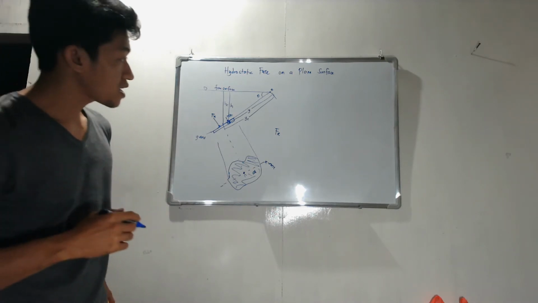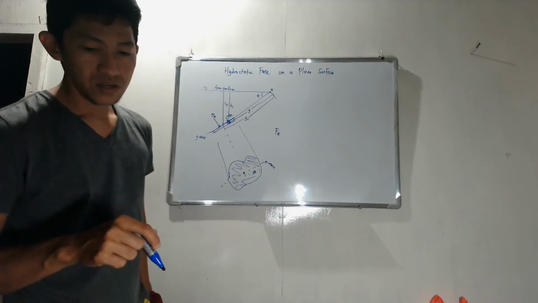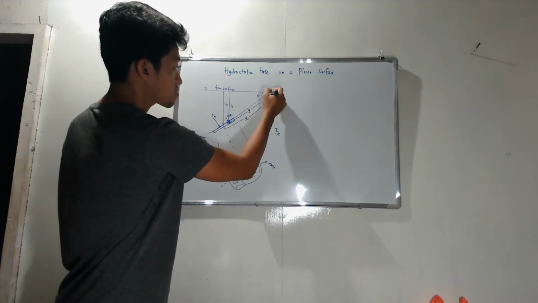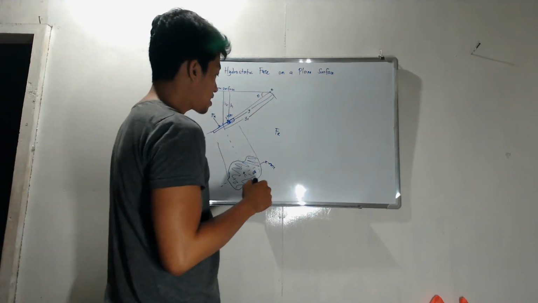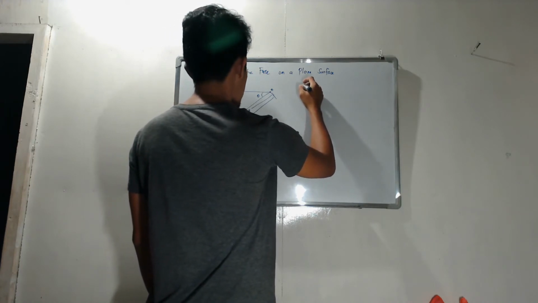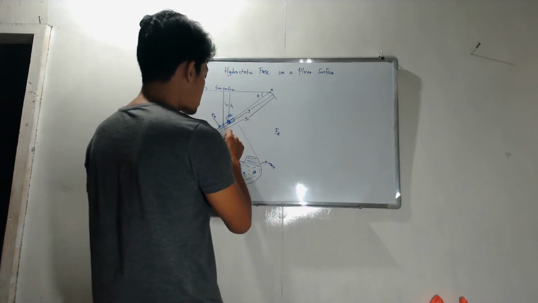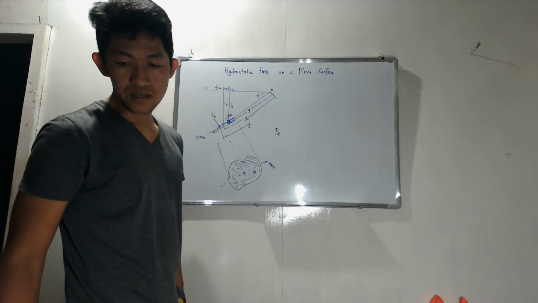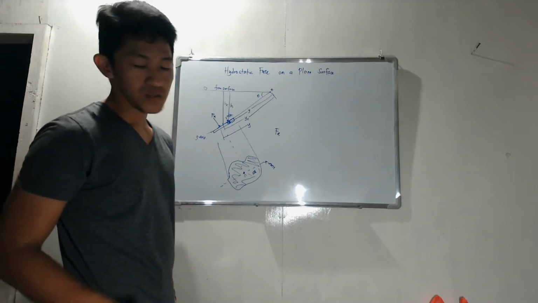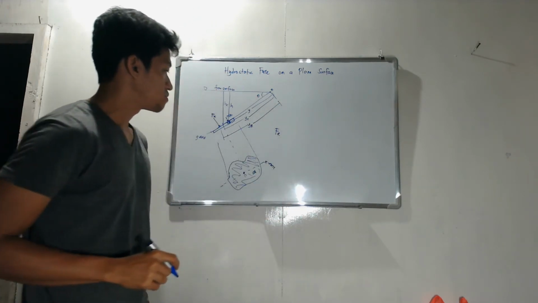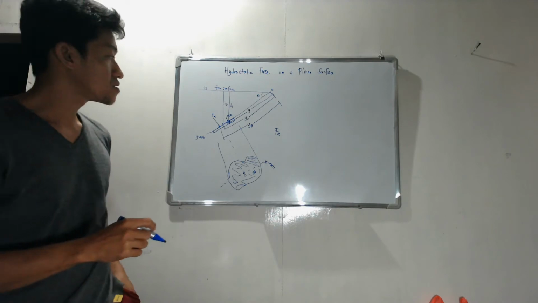So to find it, you need to get the moment. You need to sum the moments at point O. When you sum the moments, you will get what we are looking for, y sub r. What is this distance? How far is it?